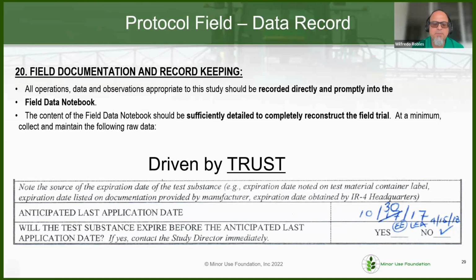And if you make a mistake, which as human beings we can make, just say it. Say that the application date we recorded was wrong, and you have those codes that you can use, like in this case. We wrongly put the wrong date as the anticipated last application date, 10/17/2017.